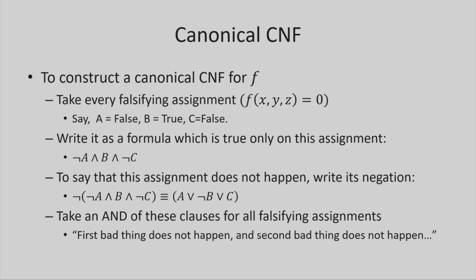For example, if you have an assignment, first variable false, second true, and the third false, you would write it as not A and B and not C. To say that it doesn't happen, you put the negation in front, you De Morgan it, and you end up with A or not B or C. Finally, your canonical CNF will just be an AND of clauses like this. And the meaning of that is that the first bad thing doesn't happen, the second bad thing doesn't happen, and so on, none of the bad things happen.